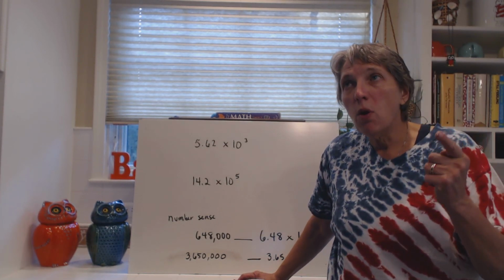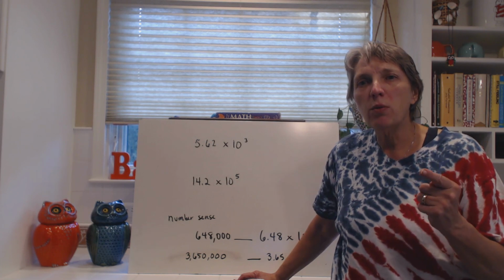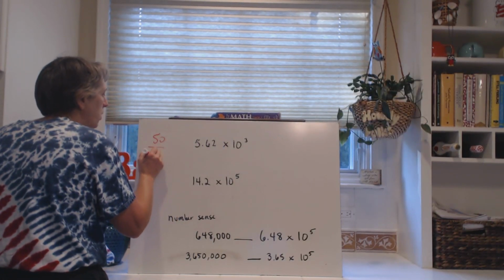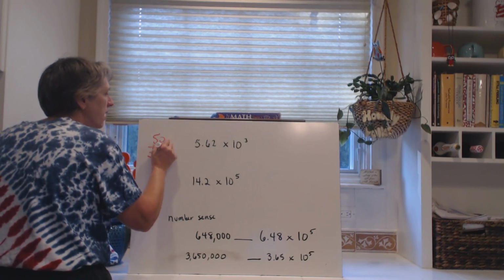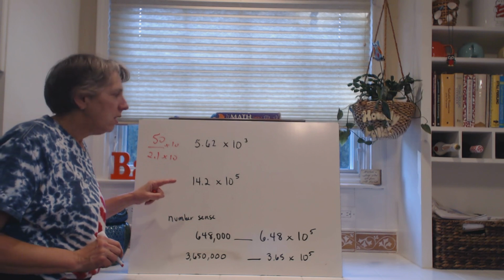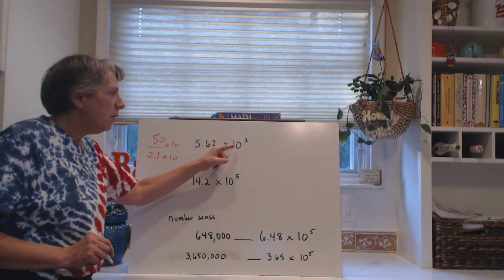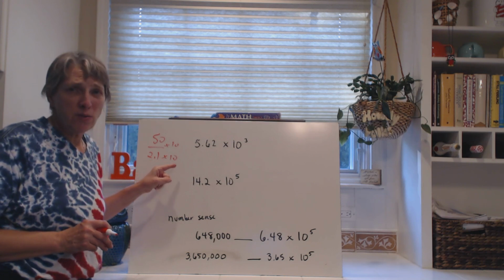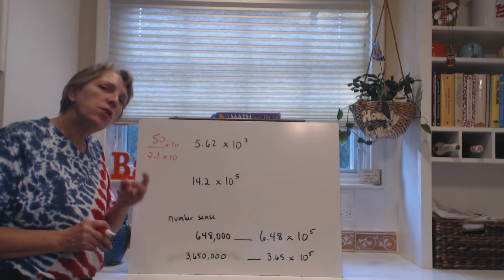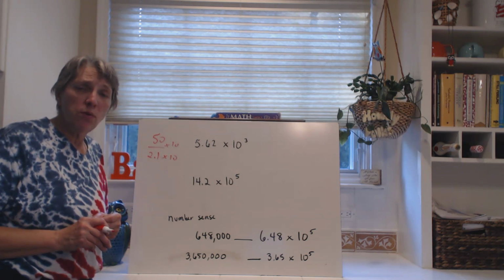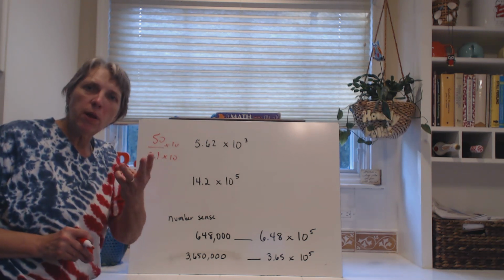Think about when we did 50 over 2.1 and I multiplied by 10, the decimal place moves one place. Well, when I multiply by 1,000, if the decimal place moves one place for 10, and two places for 100, then for 1,000 it would move, that's right, 3 places.